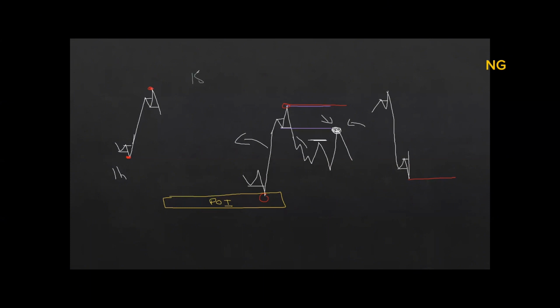So let's say on the 15-minute, we create a new range after it broke this structure. So that's where you get a pullback and continuation. There's a range inside of a range. Okay? That's where this comes in play.